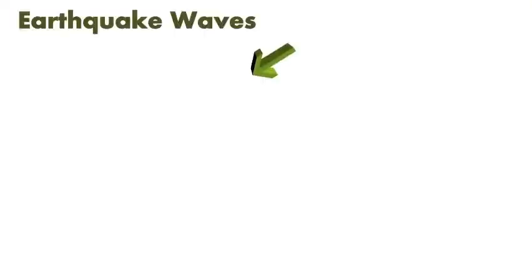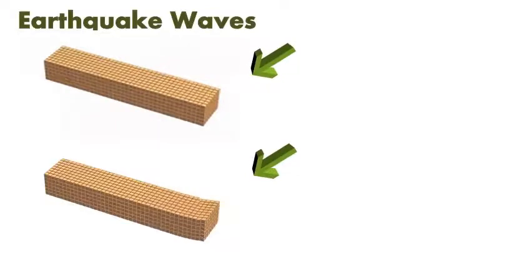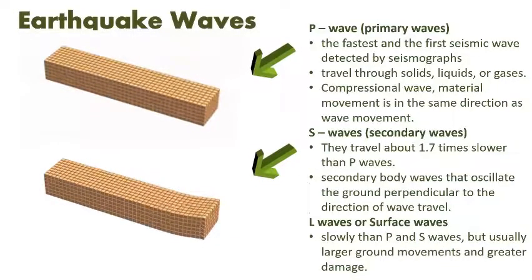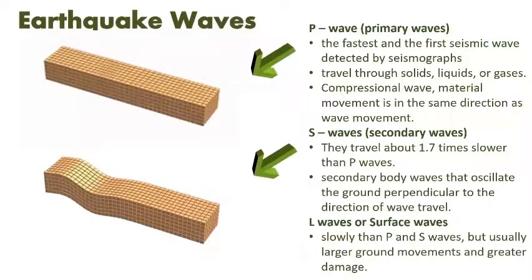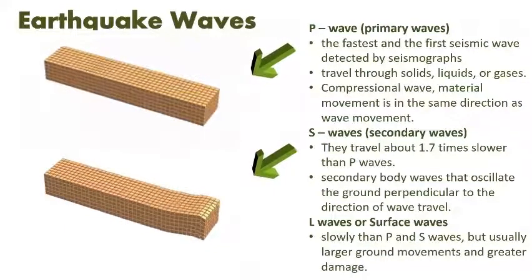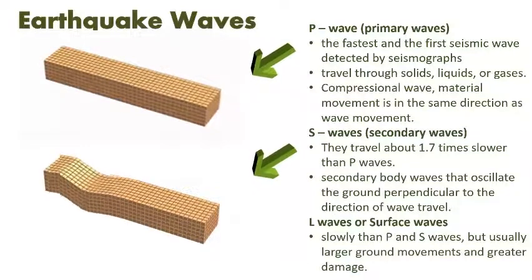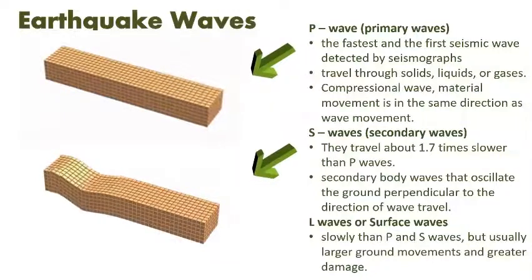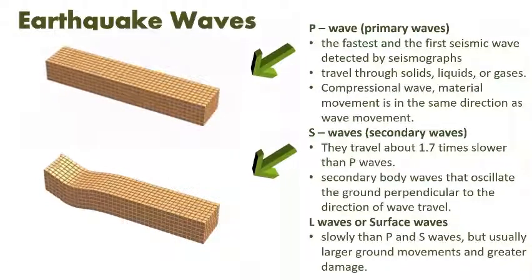Next, earthquake waves. We have three major types of earthquake waves: P wave, S wave, and L wave, or the surface wave. P wave is what we refer to as the primary wave. It is the fastest, and the first seismic wave that can be detected by the seismographs.